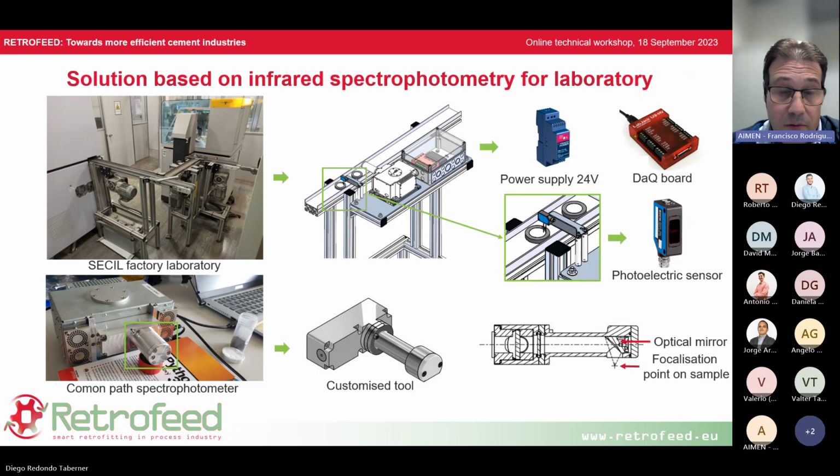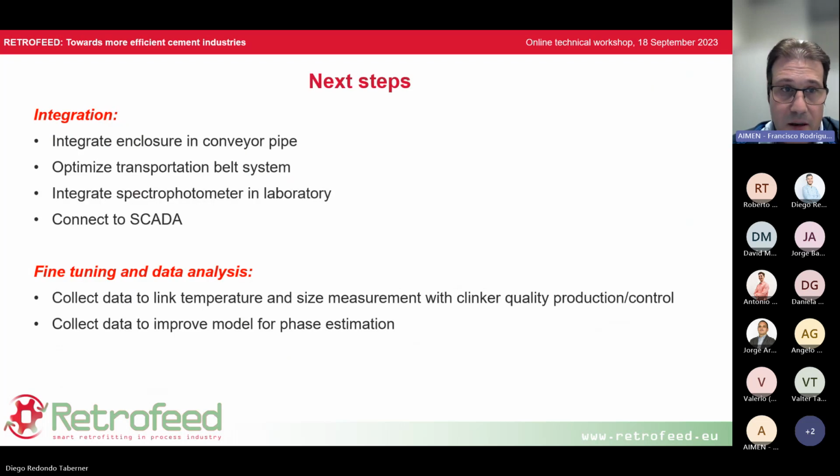So to conclude, in the next slide, I would say that we still have a lot of work to do, but we have some very interesting result from temperature and size measurement system. One is integrated already in transportation belt, and the other to be integrated in the conveyor pipe.